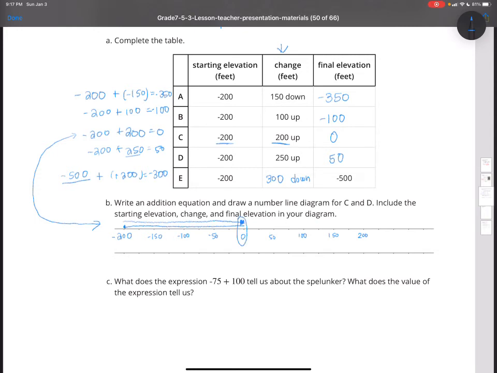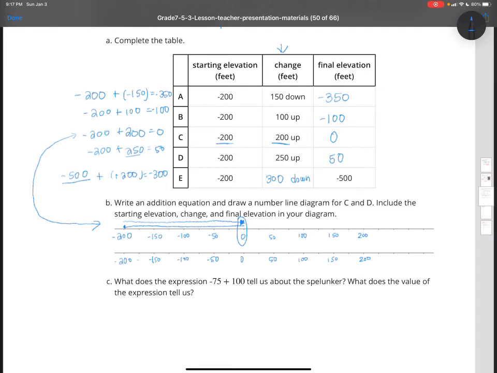Okay, so for the next one, we're going to do the same thing, and I'm going to use the same exact numbers. So negative 200, negative 150, negative 100, negative 50, 0, positive 50, 100, 150, 200. Okay.